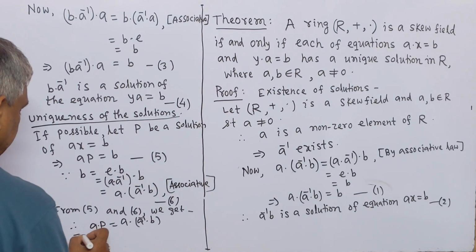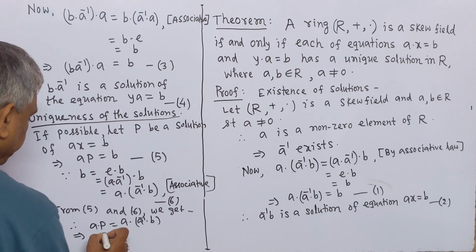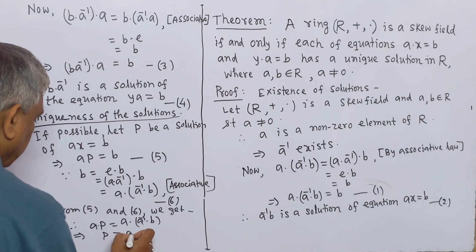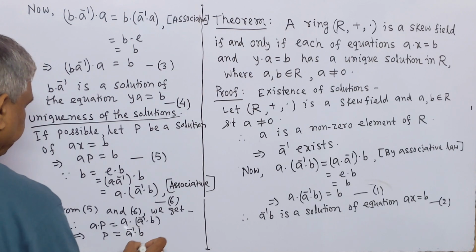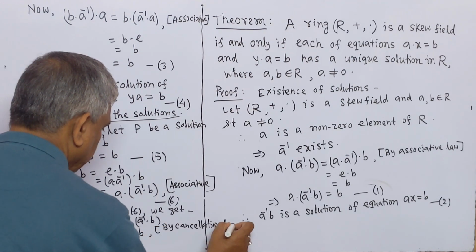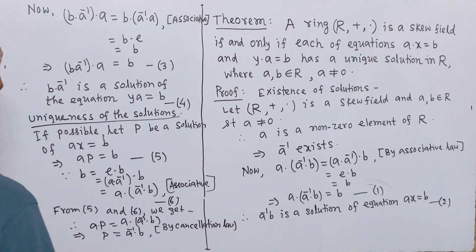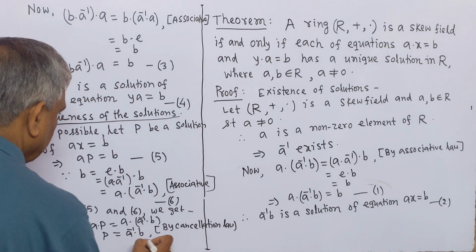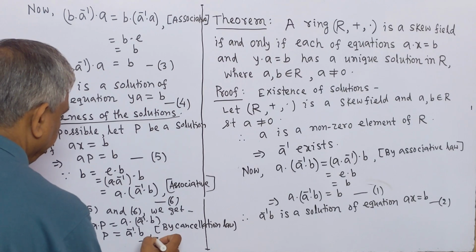By using cancellation law, p equal to a inverse b. By cancellation law, this is number 7.